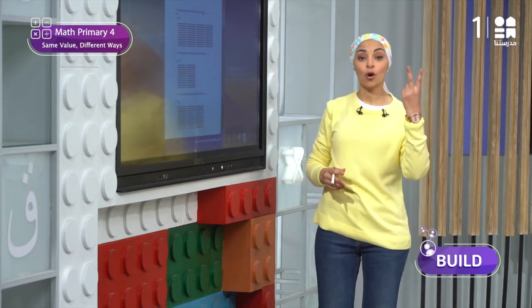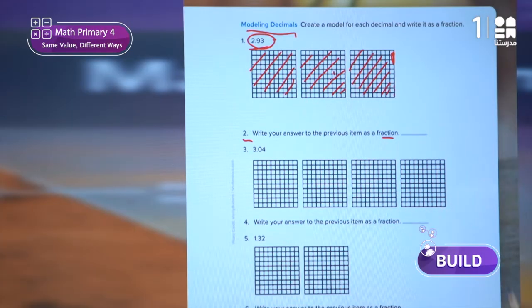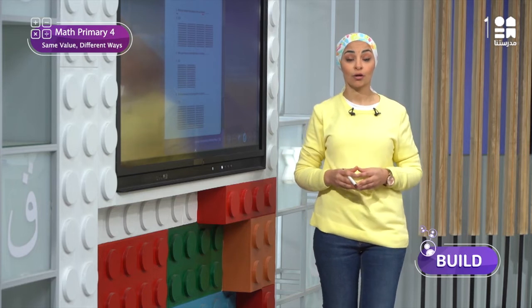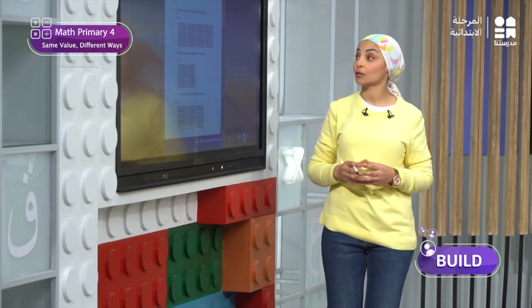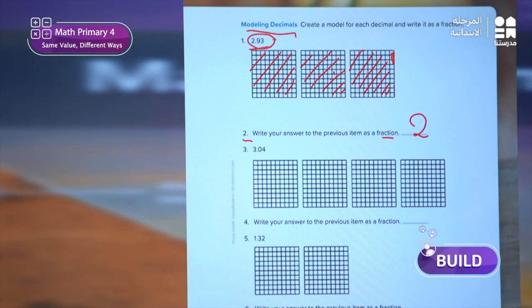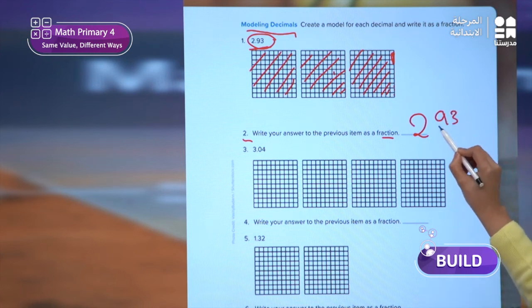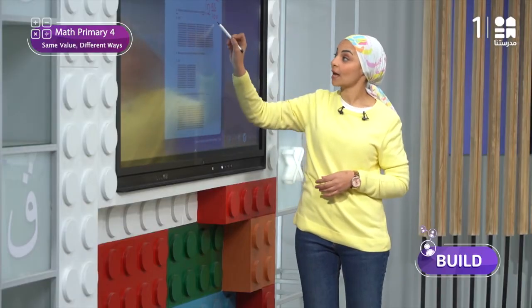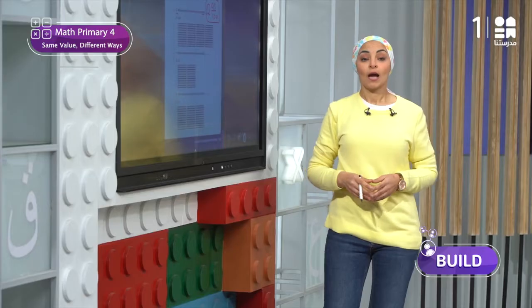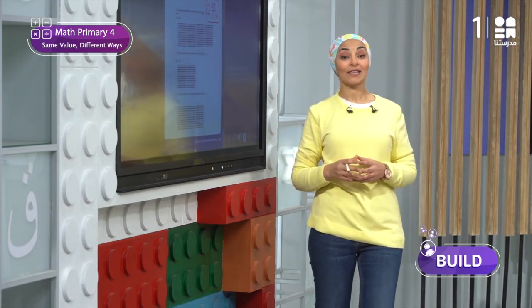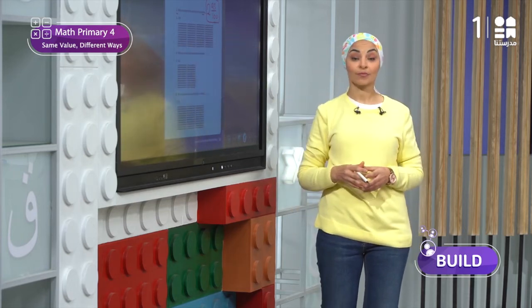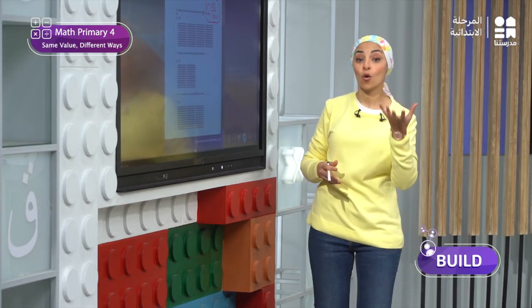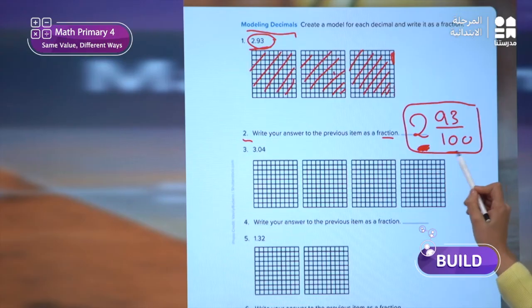Now I have 2 whole squares. والديسيمال بارت بتاعي كان 93 out of 100. طب ده معناه إيه؟ إن الفراكشن بتاعي هيبقى 2 wholes and 93 parts out of 100, right? وزي ما احنا شايفين this is a mixed number. I think now you know why. أنا متأكدة إن أنتوا عارفين ليه this is a mixed number. عشان mixed number consists of whole number and fraction part, right?